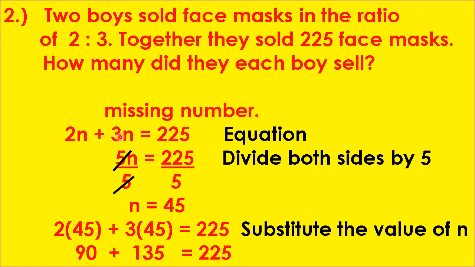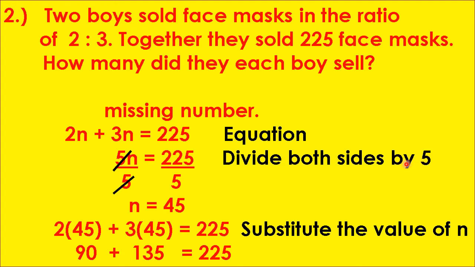So 5n divided by 5 is equal to 225 divided by 5. So in the left side, we cancel 5. So the remaining is n is equal to 225 divided by 5. The answer is 45. So the value of n is equal to 45. Now we are going to substitute the value of n, which is 45.